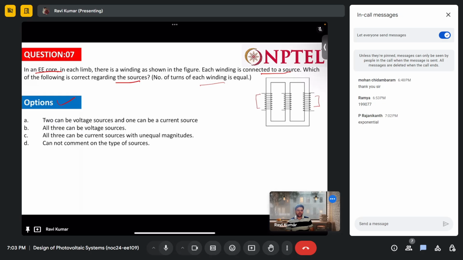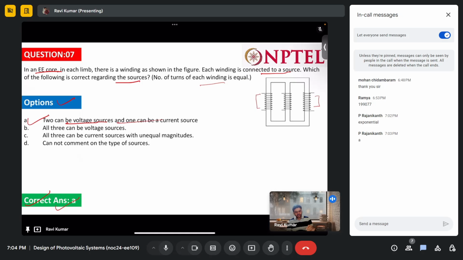Can be voltage source, can be current source, or one voltage and one current source. Okay, Rajnikant has given already the answer. Yes, we require to control voltage and current, so one current and one voltage. So here two can be voltage sources, one can be a current source. Correct answer.